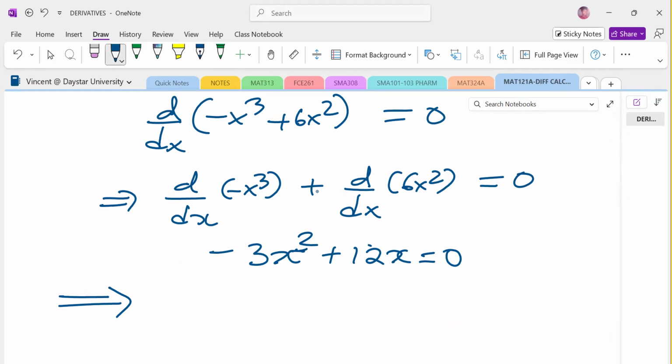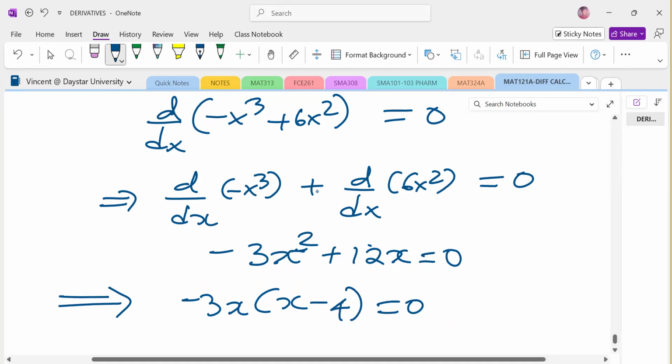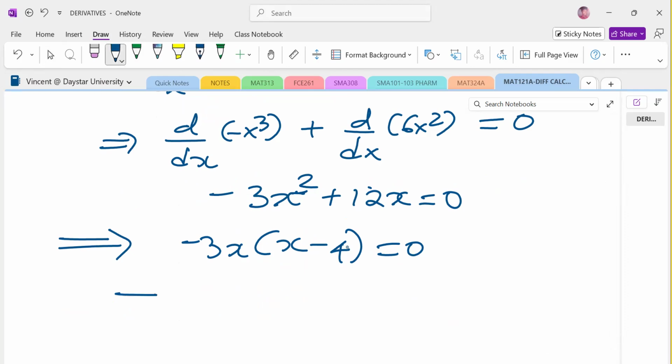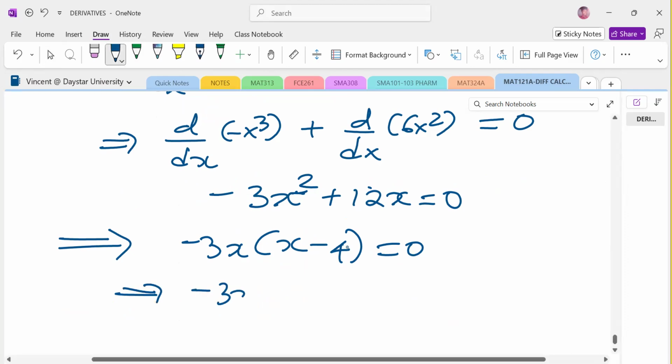Remember, this is a quadratic equation. A quadratic equation has two answers. So the common factor here is minus 3x. So minus 3x times x minus 4, which means minus 3x equals 0 or x minus 4 equals 0.